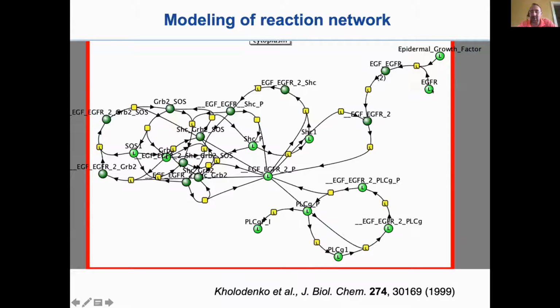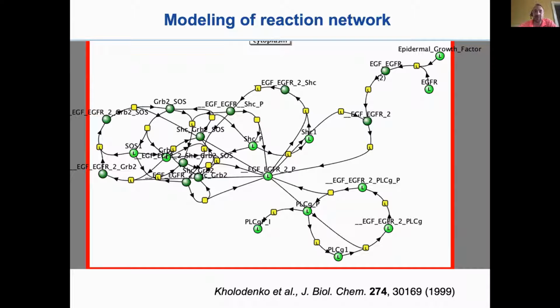Individual species interact and form new species, and then you can place this reaction network into compartments or into different geometries, and as an end result, you simulate and find time courses of all those individual species. And it works fine as long as you really can define those species.